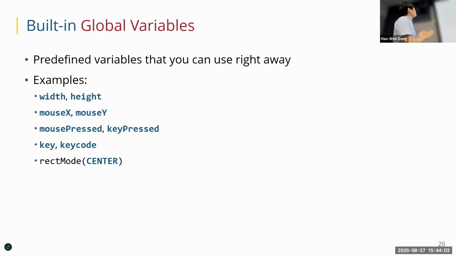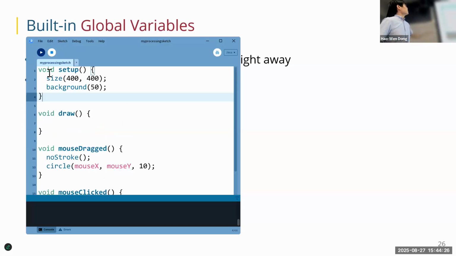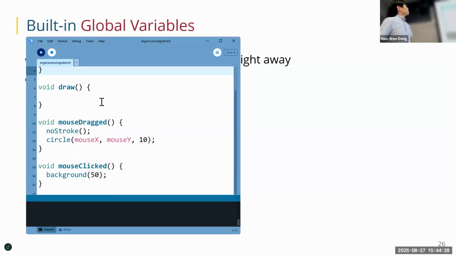Cool. And you notice that we talk about width, height, mouseX, mouseY, and there are a bunch of other built-in global variables, and that's why we can use them without defining them. So mouseX and mouseY are just built-in variables. They get updated automatically in Processing, but these are special variables that have already been defined, so you don't need to write int mouseX, and then you can use it right away. That's not because they are not defined.